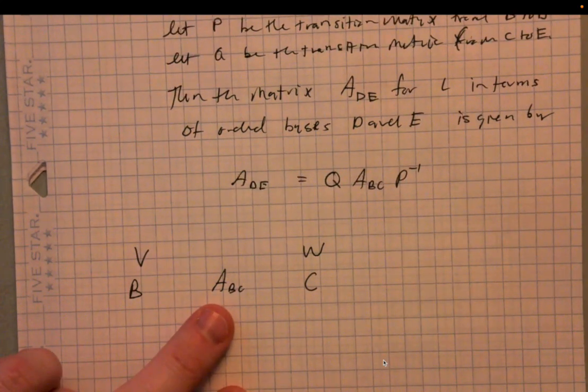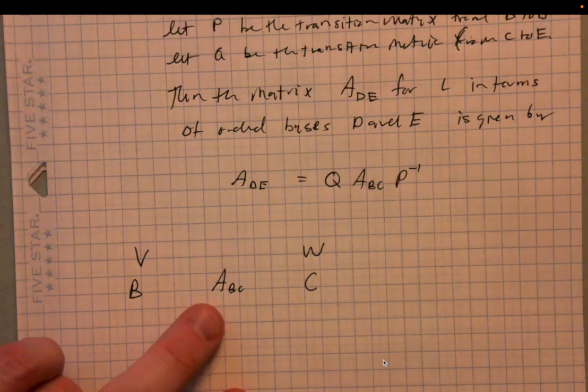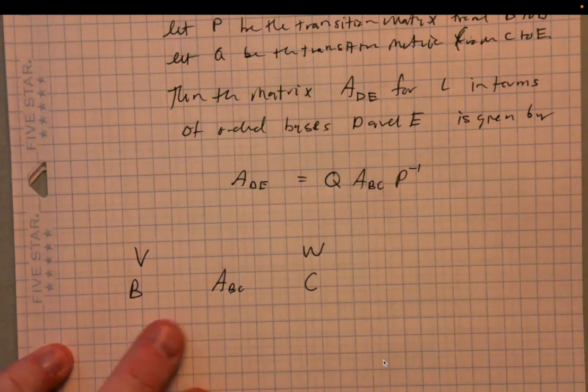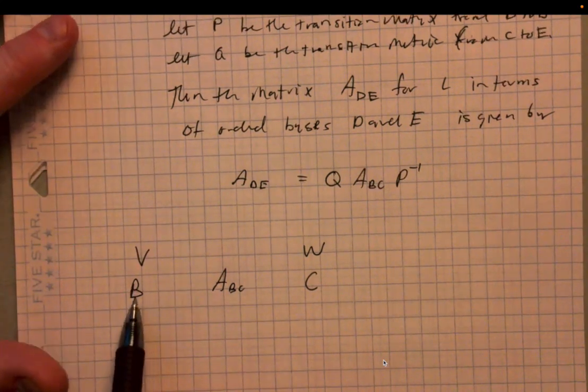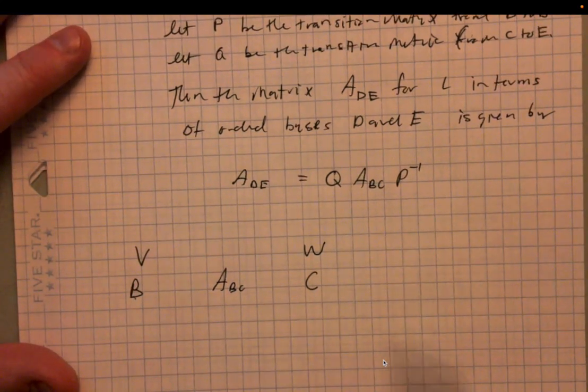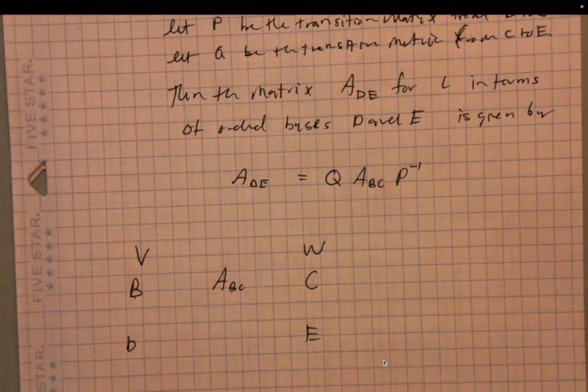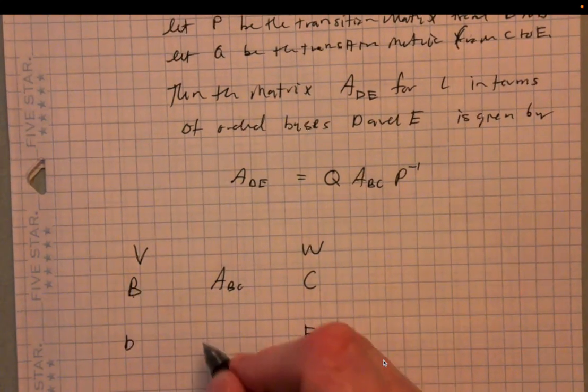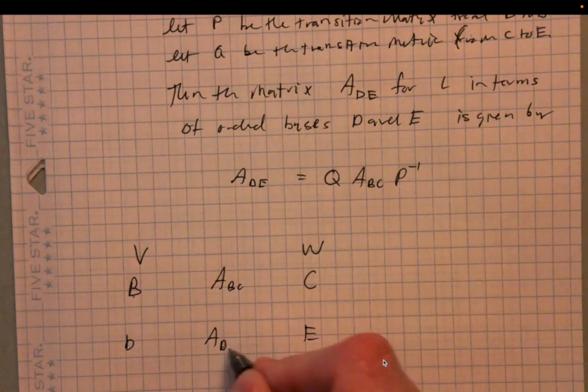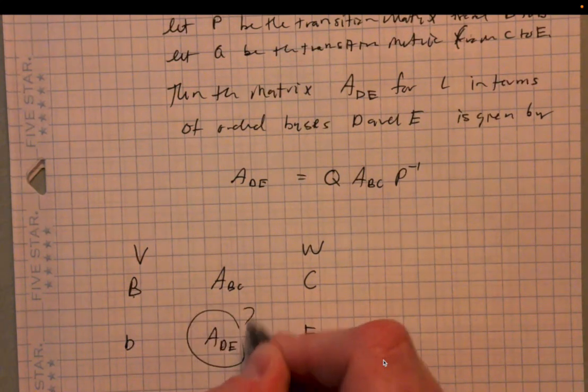This is the matrix of L, the matrix of the linear transformation with respect to ordered bases B and C. Now, separately, I've got D and E, and I'm interested in how to calculate A sub DE. How do I get that guy?